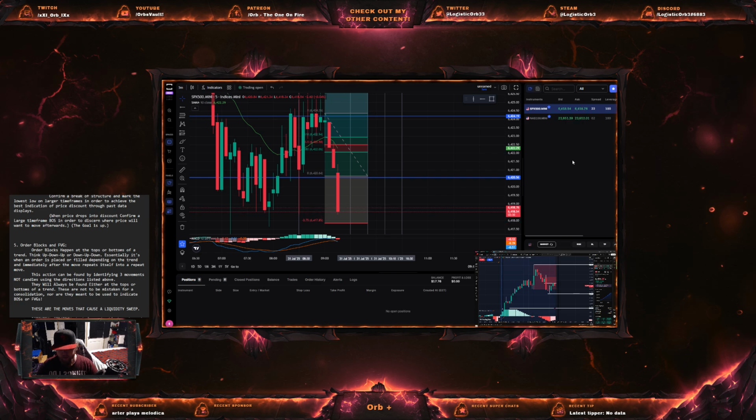Again, we want to wait for the retrace, so that way we see it come back up, fill, and then drop even further. I'm going for all the confluences, so the trade's as safe as it can be. That's not inverting anything. That's a fresh fair value gap right there, which means price is going to be drawn to it.